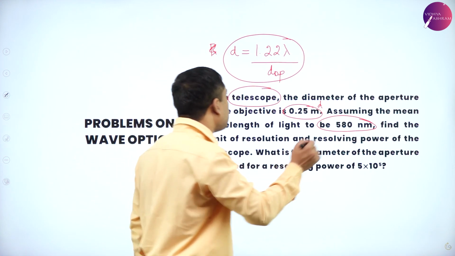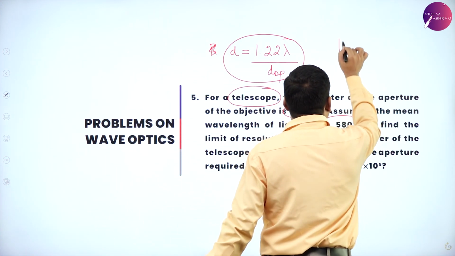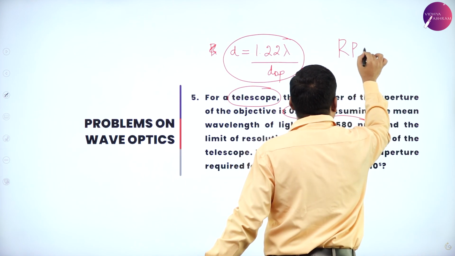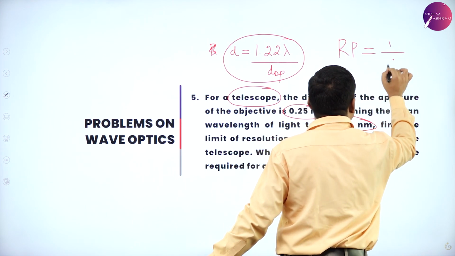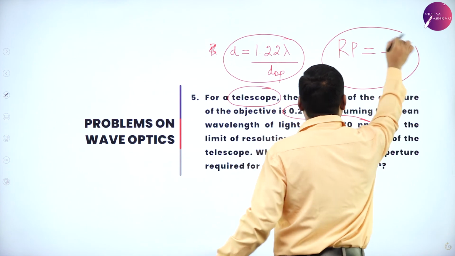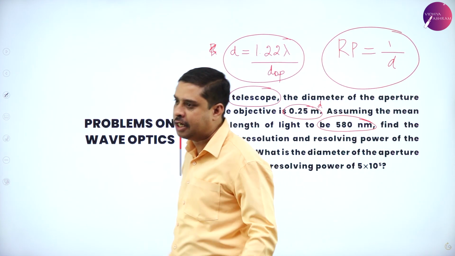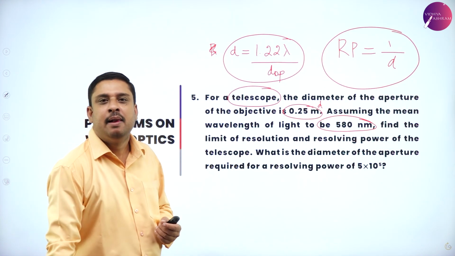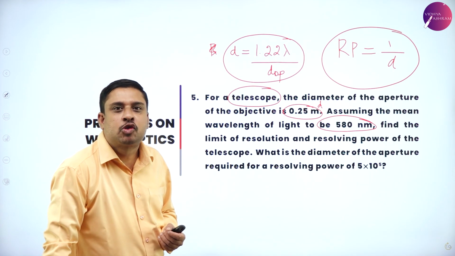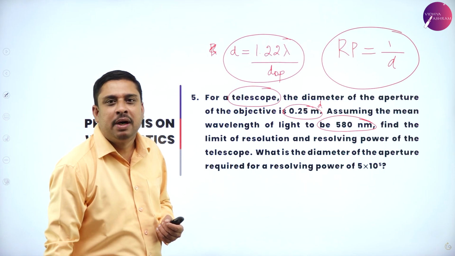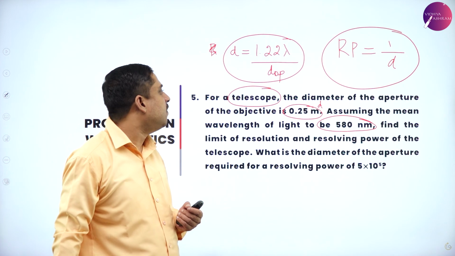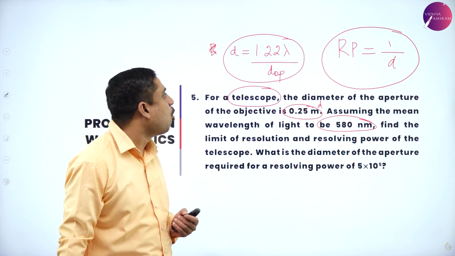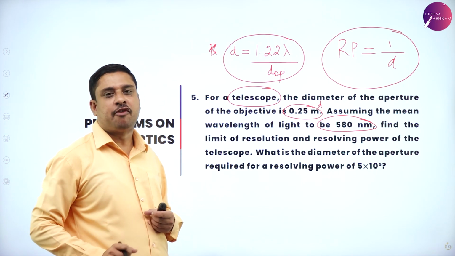Again, what is resolving power? Resolving power is 1 by limit of resolution. So in both cases, either microscope or a telescope, resolving power is the reciprocal of limit of resolution.